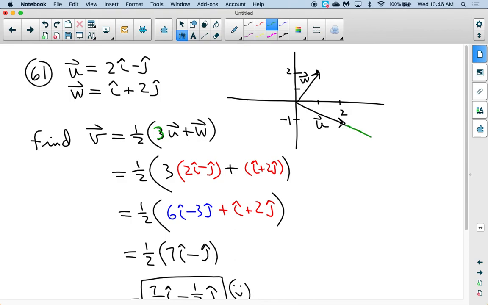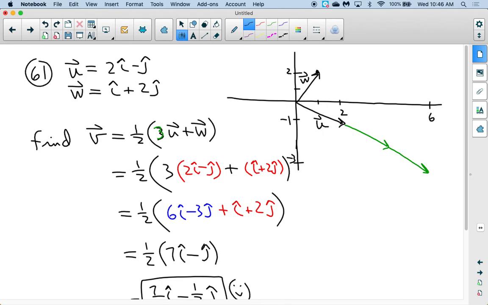So here's another U, here's another U. There's 3U right there. The coordinates would be 6 and -3, if I drew this halfway decent.